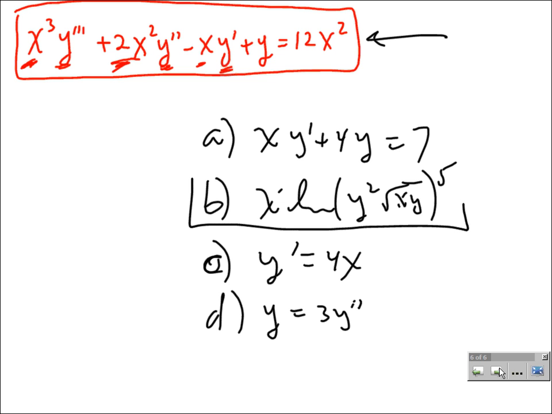You should pick D, because the solution should not be a differential equation.